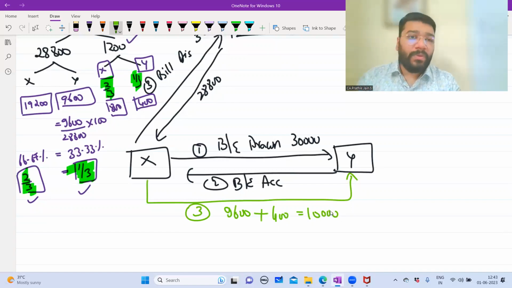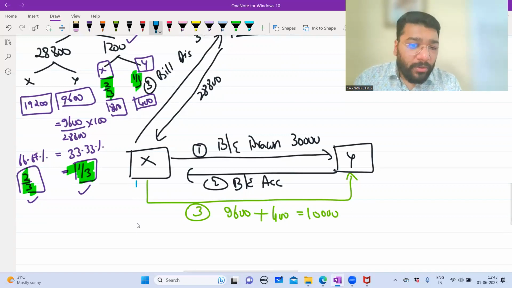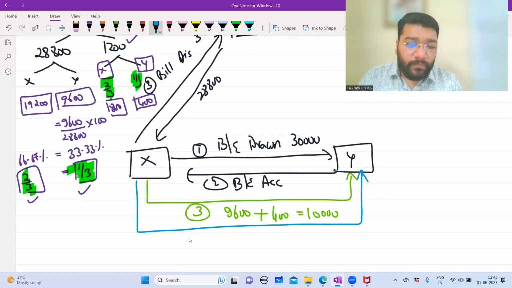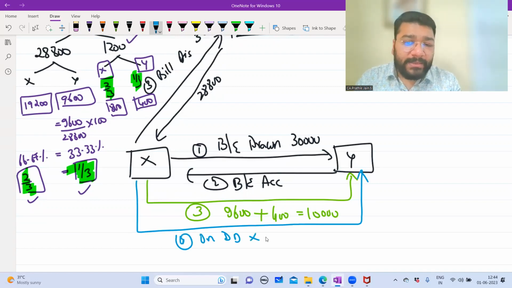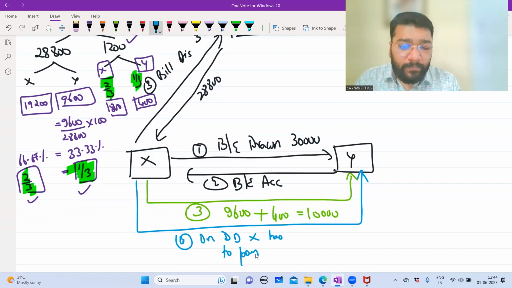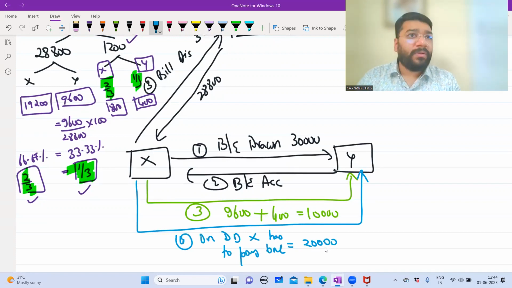Am I right? Then what is supposed to happen? On the due date, fourth one, X has to pay the balance. How much? 20,000 to Y. So Y already has 10,000.